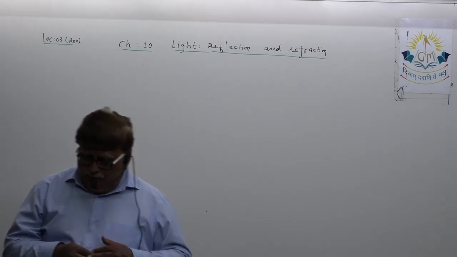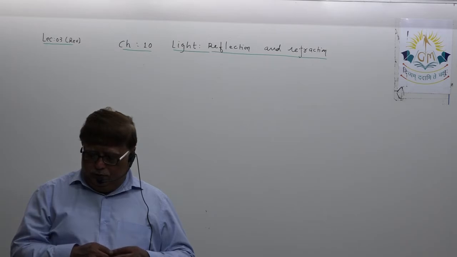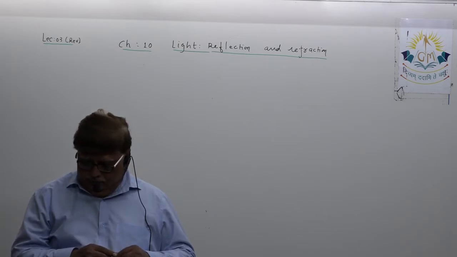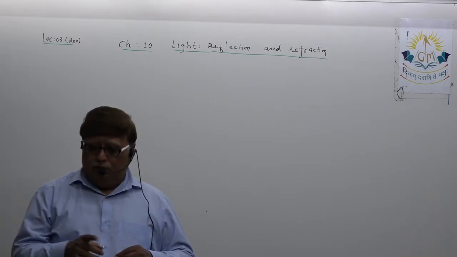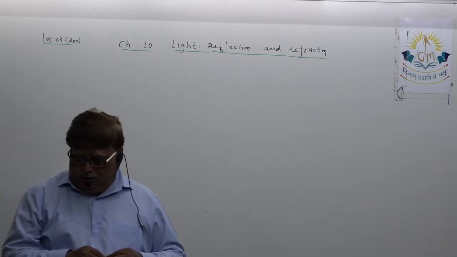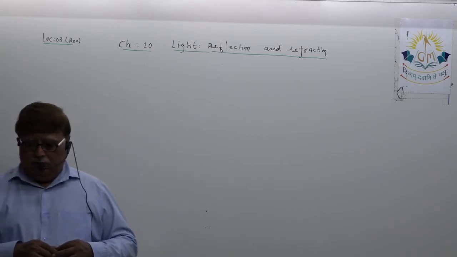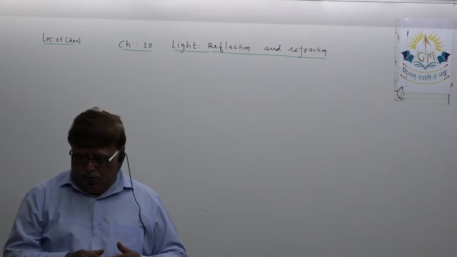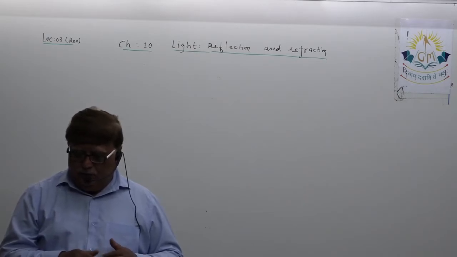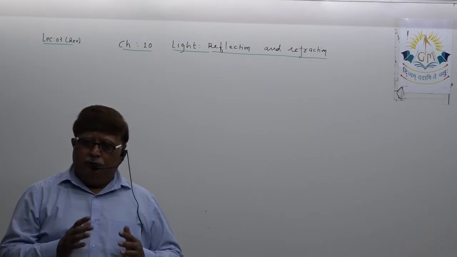An object of height 6 centimeter is placed at a distance of 15 centimeter from a concave mirror of focal length 10 centimeter. Find position, nature, and height of the image.